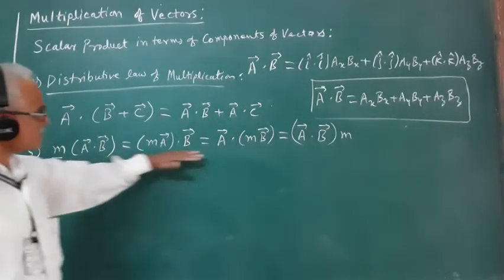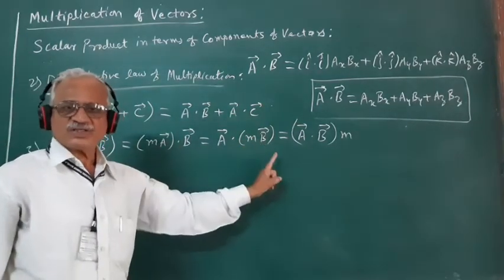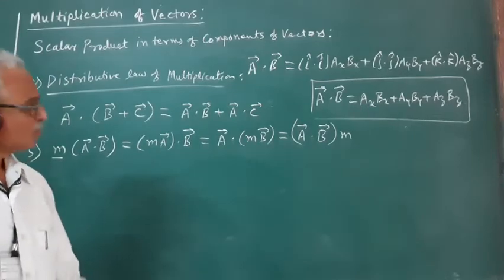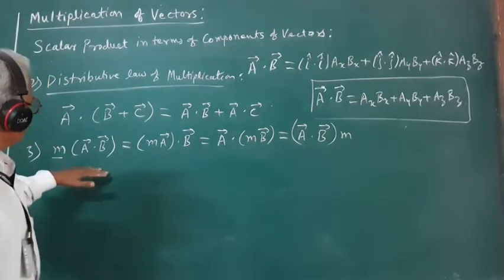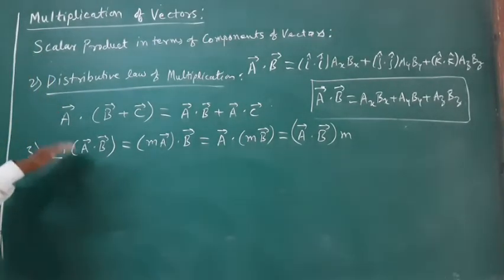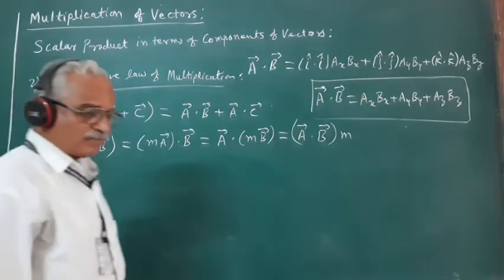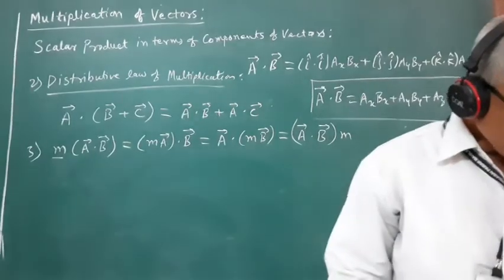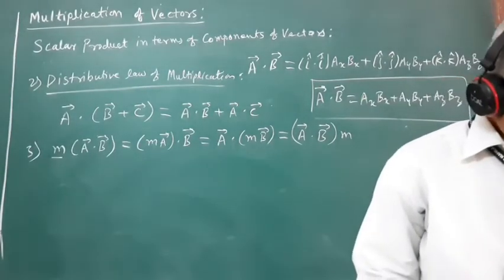All these products result in the same result. So these are the laws that are obeyed while taking the dot product of the two vectors.